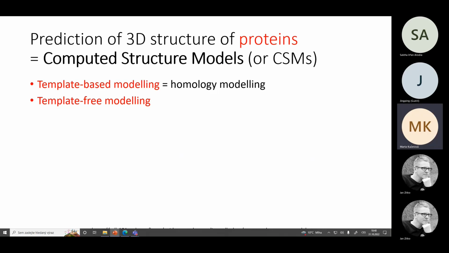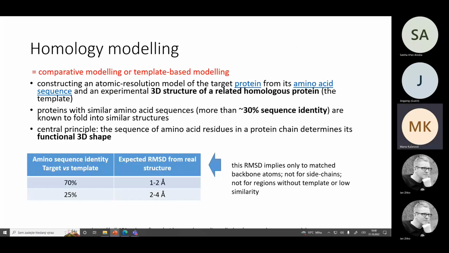And generally, we can use two methods. The first one is template-based modeling. We can mention the synonym, homology modeling. However, in the last few years, new template-free modeling methods have appeared. So, as for homology modeling, it is a template-based method using comparative modeling.